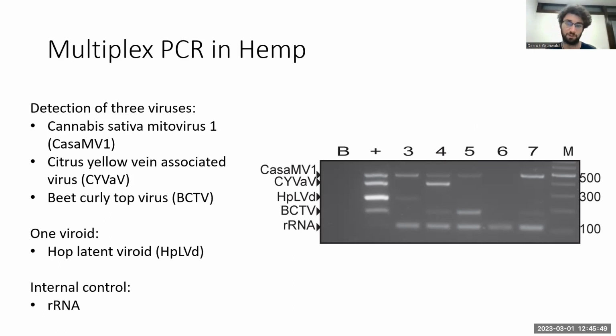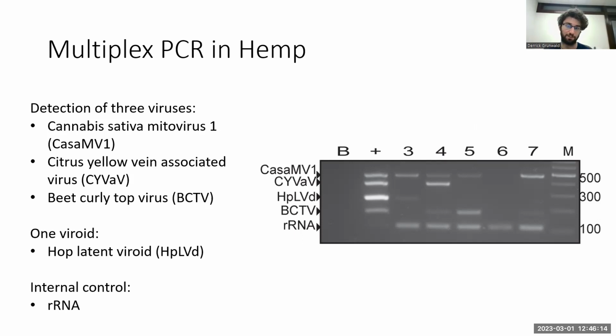You can see the relative position of the different viruses. Mitovirus is on top, around 500 base pairs, around 400 for the citrus yellow vein associated virus, 300 for hop latent viroid, maybe 200 for beet curlytop, and around 100 for an internal control, just to make sure that we were able to extract RNA and synthesize DNA successfully from the various samples.